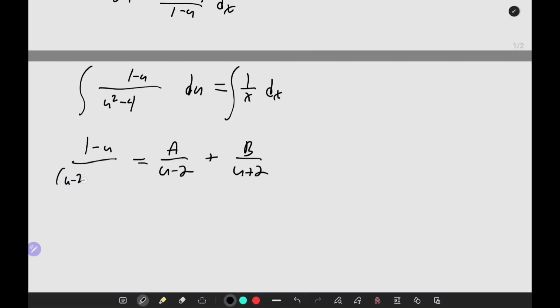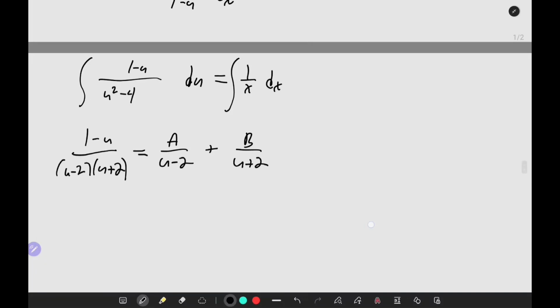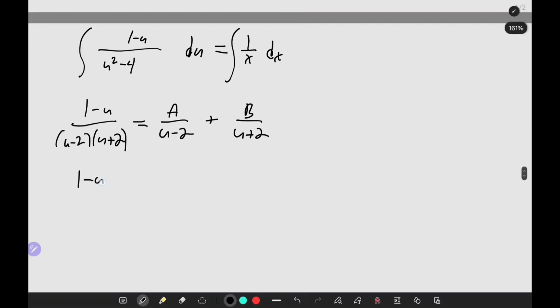This is u minus 2 times u plus 2. And to simplify this, I'm left with 1 minus u is equal to a times u plus 2 plus b times u minus 2, right? All I did was multiply both sides by this.